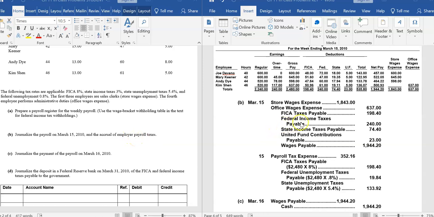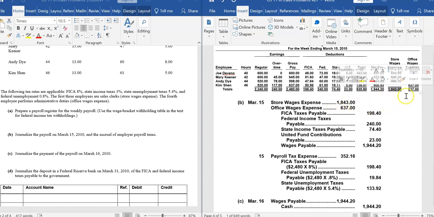All right, so looking at our payroll, we have some messed up. There we go, that looks a little better. So the store wages expense will be the gross pay of the store wages employees. Record that as store wages expense. 637 will be recorded as office wages expense.